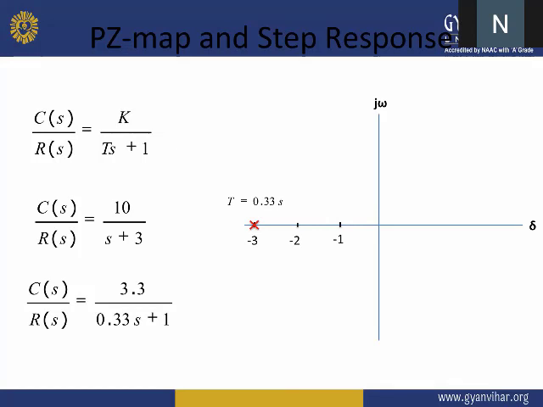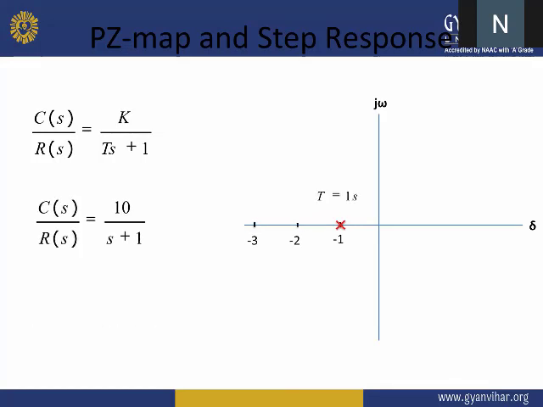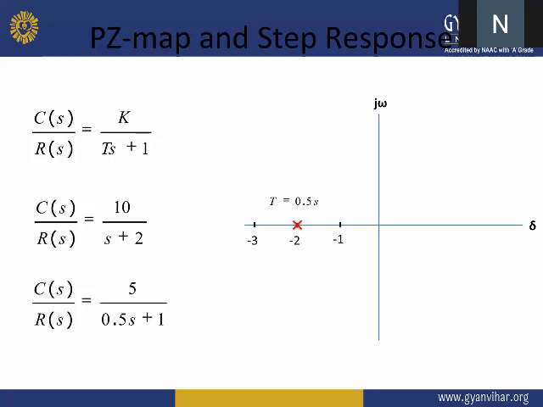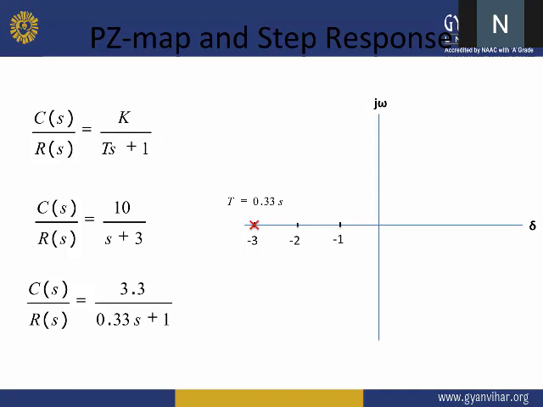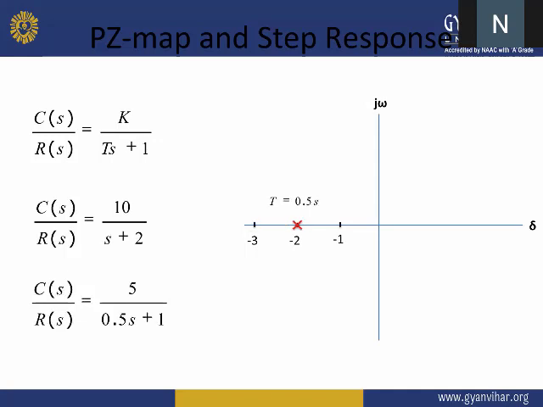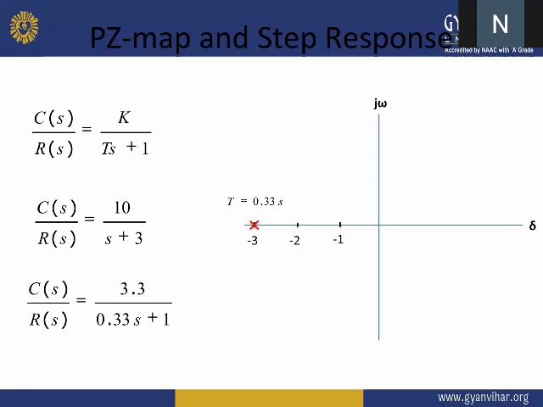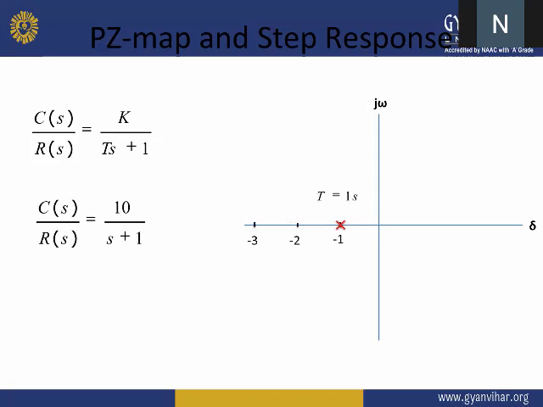So as we are decreasing the time constant, T equal to 1 second, then T equal to 0.5 second, and then T equal to 0.3 second, your pole has been shifting towards the left hand side on the x-axis, on the real axis.